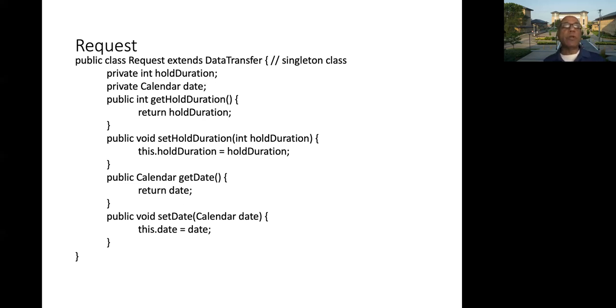Or when we want to request transactions on a certain date, we want to say what date we are interested in. So we have a date field, and we have getters and setters for these. So if you look at the implementation of the library system, you'll find that user interface and library communicate using result and request objects.